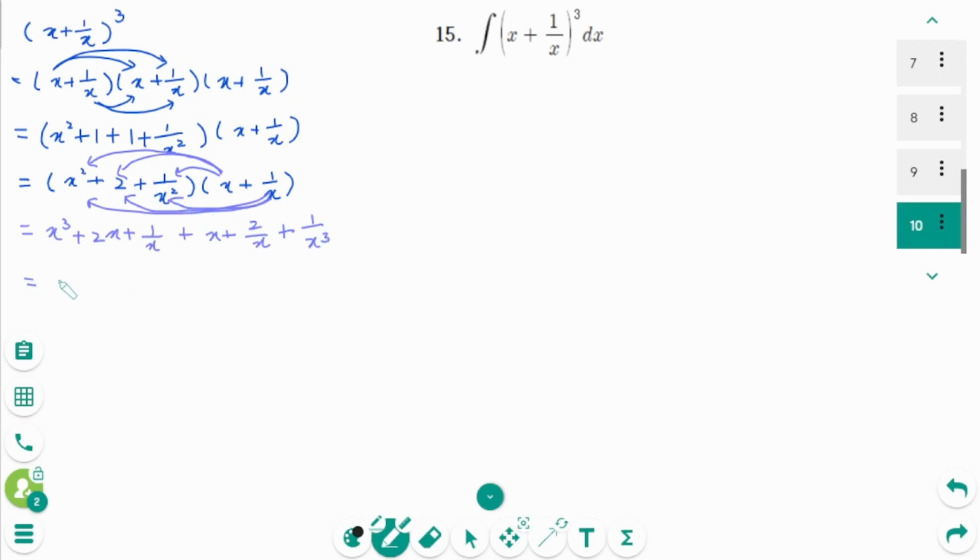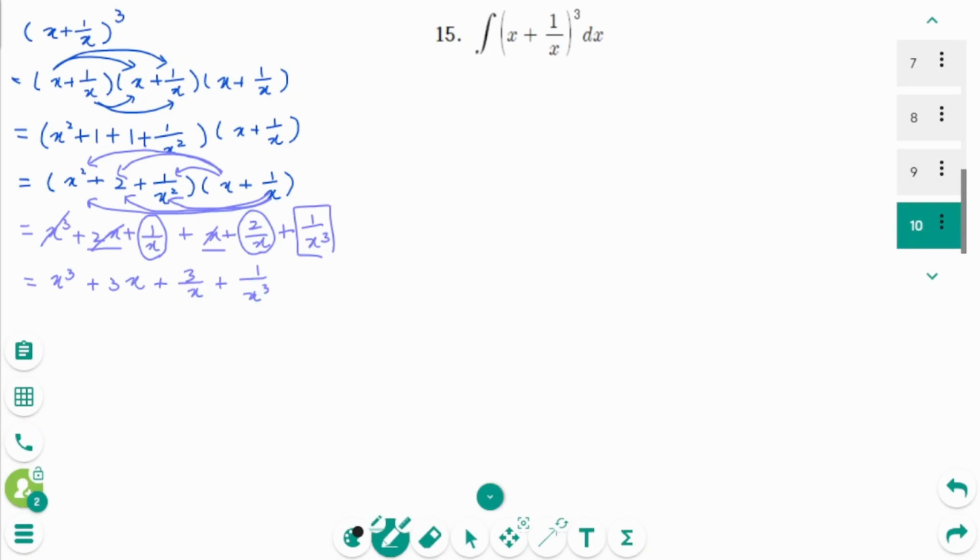We can simplify x cubed plus 2x plus x is 3x plus 1 over x plus 2 over x is 3 over x plus 1 over x cubed.